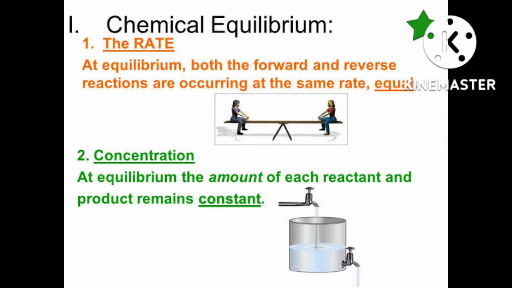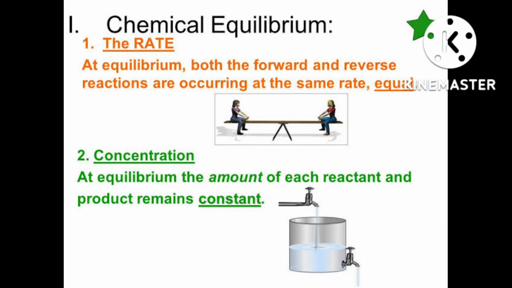Liquid to vapor, vapor to liquid, liquid to solid, solid to liquid, all are examples of physical state. Then I told you equilibrium can be established for both physical process and chemical reaction.